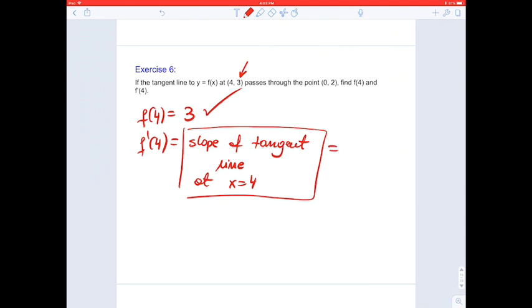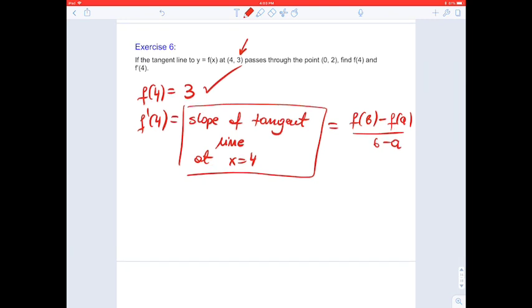But a tangent line is just a normal line, so maybe having 2 points helps, because I know that my tangent line goes through the point 4, 3 and goes through 0, 2. That means I can simply find f of b minus f of a over b minus a. One point is 4, 3 and another one is 0, 2.